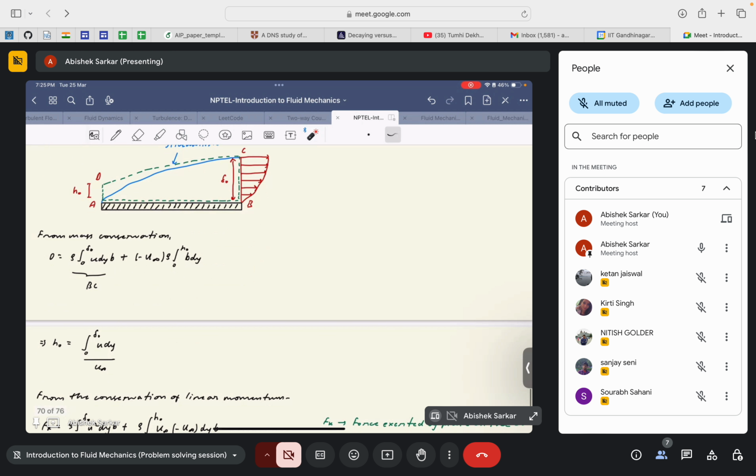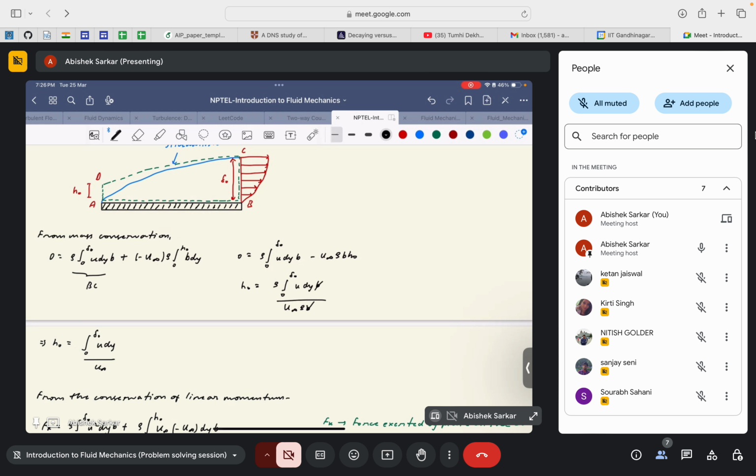So let me just write it. It will be 0 equal to rho times the integral from 0 to delta naught of u dy times b, minus u infinity rho b h naught. If you simplify it, you will get h naught as rho times the integral of u dy times b divided by u infinity rho and b.